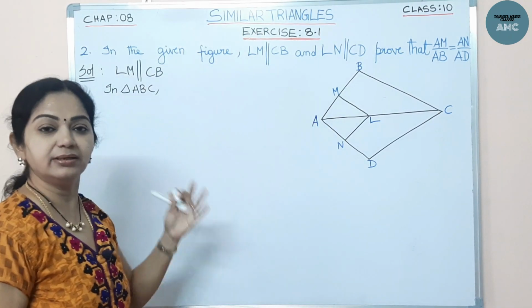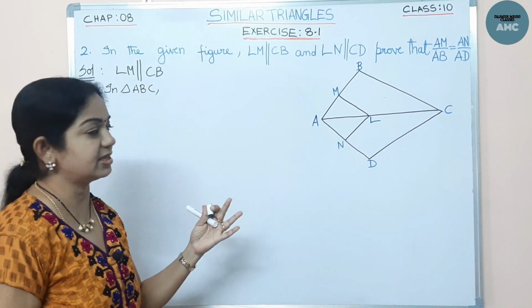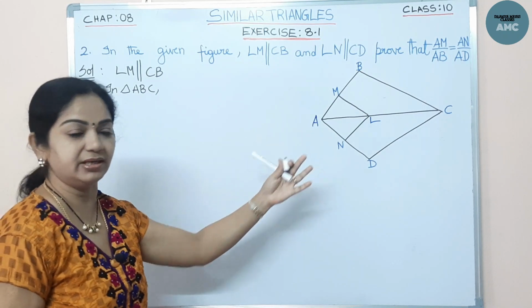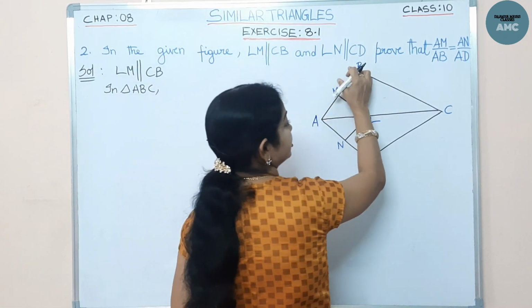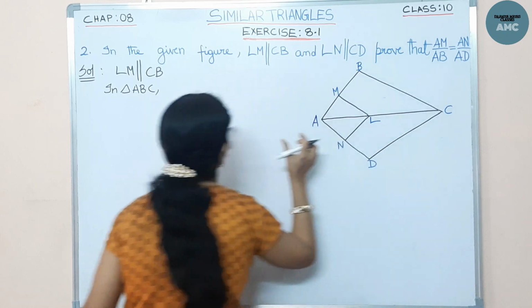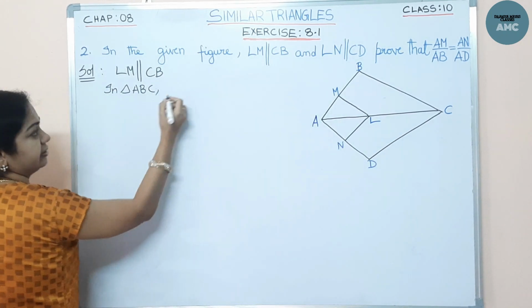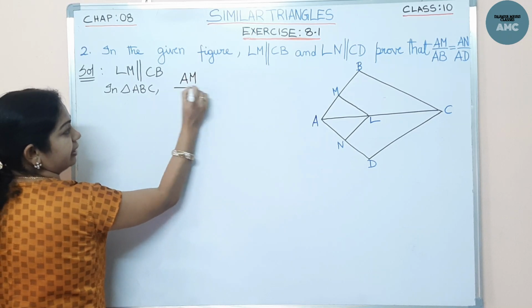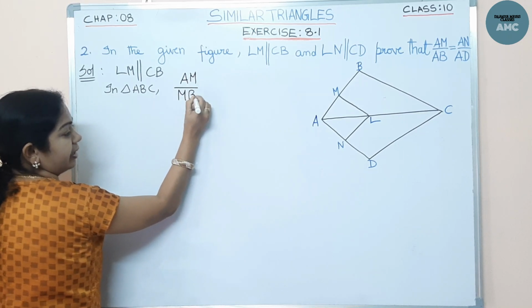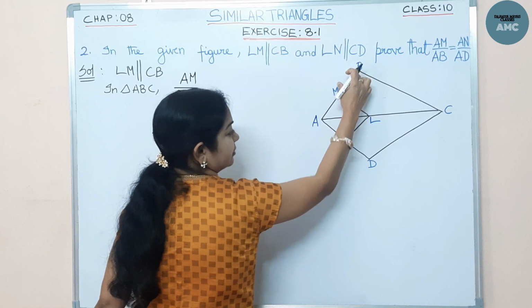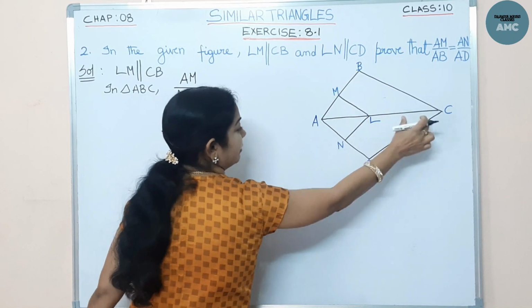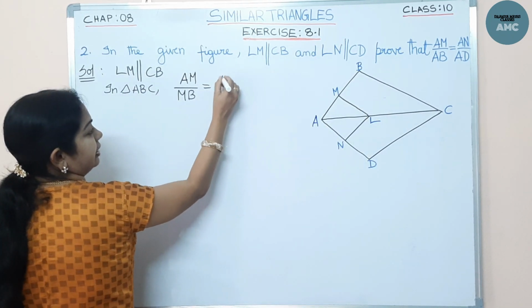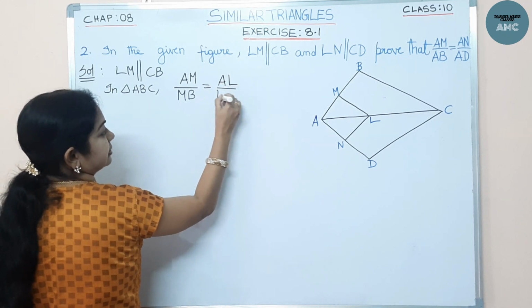Now what does the basic proportionality theorem tell? That if a line is parallel to one side, then it will make equal ratios. From the basic proportionality theorem, I'll write the ratios: AM by MB is equal to AL by LC.